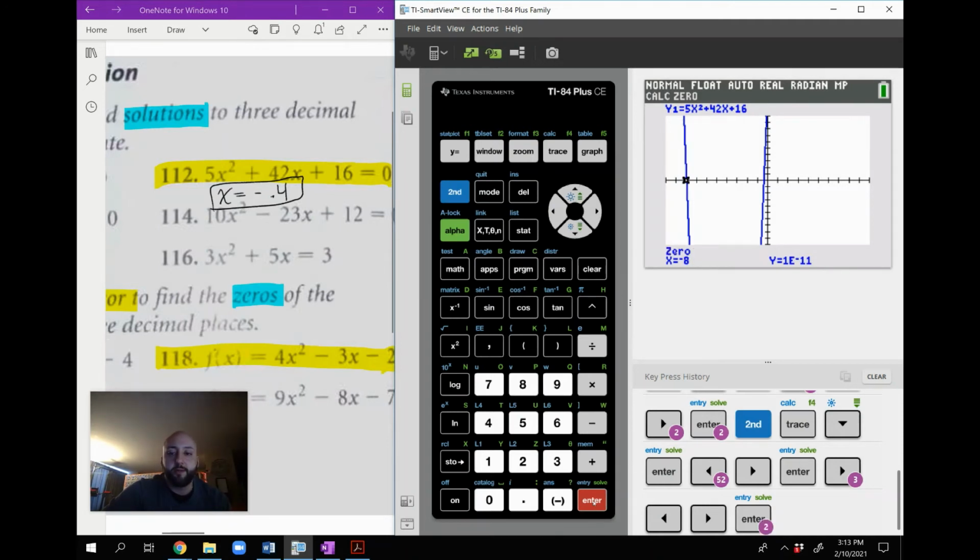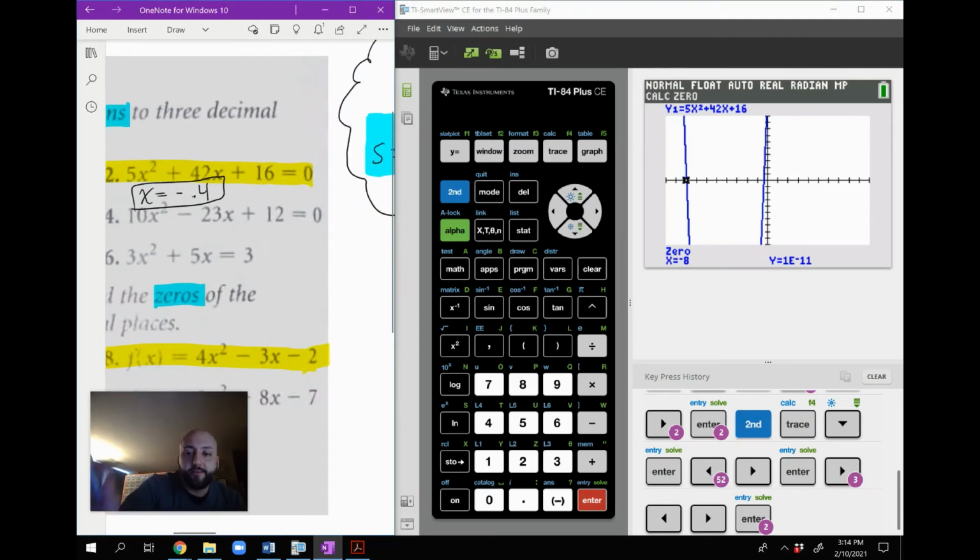Press enter one more time, and we get -8. Sometimes you might get a message that the y value should be 0 but is a number very close to 0. The algorithms with these calculators are not perfect, but that's still the zero. x equals -8, and you're done.